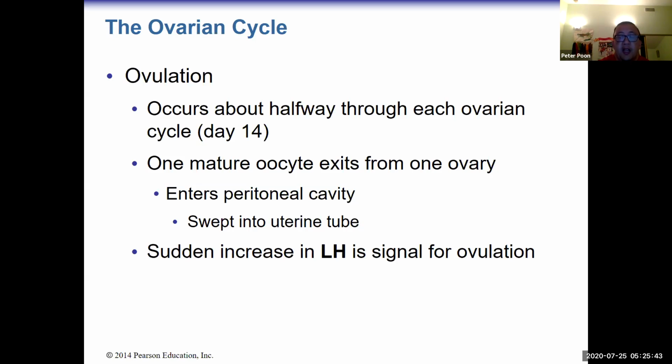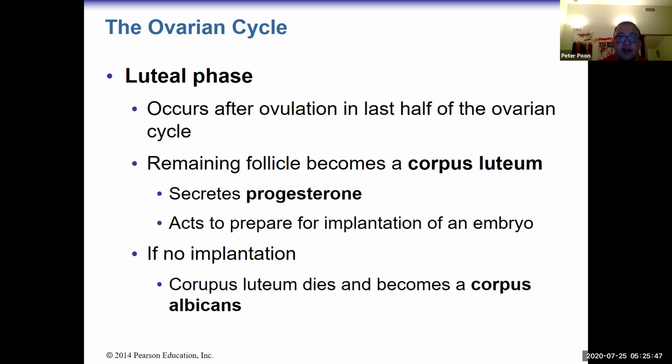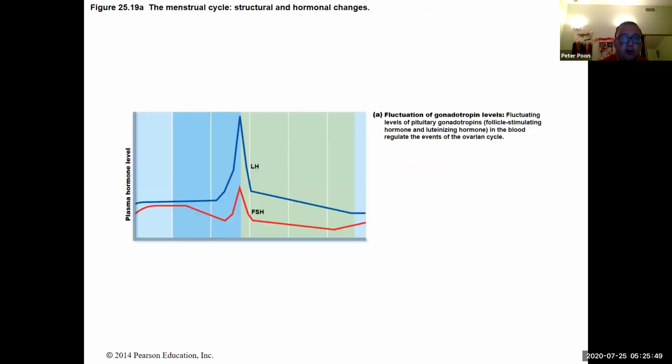There is a sudden increase in luteinizing hormone during this phase. Luteinizing hormone spikes, and that LH, along with the FSH spike, is what causes ovulation.